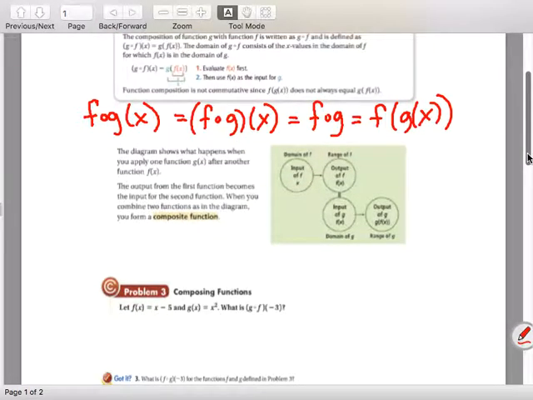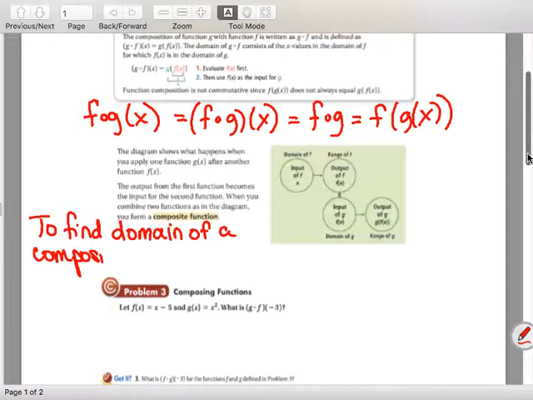One other thing is, how do you find the domain? To find the domain of a composition of functions, here's what you do. It has a few steps to it. First, find the domain of the inside function. I'll explain what this is in a moment.